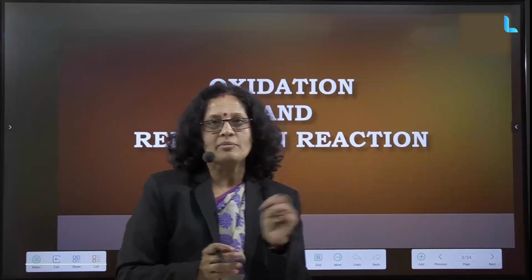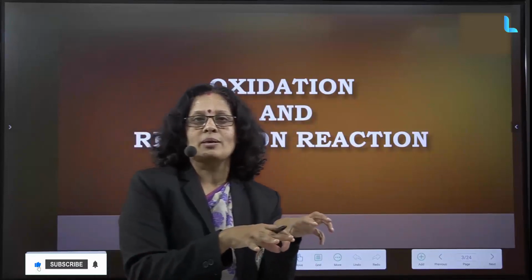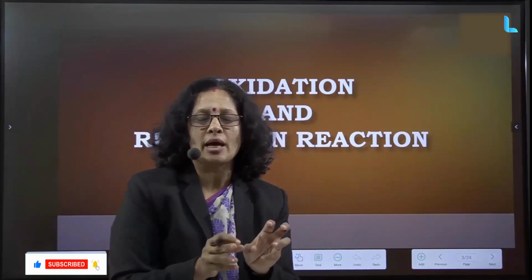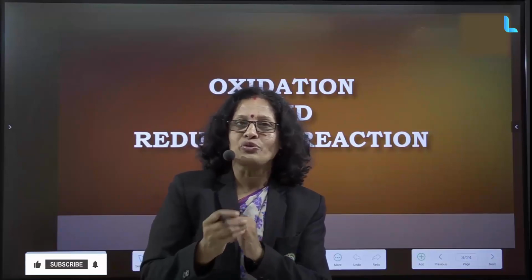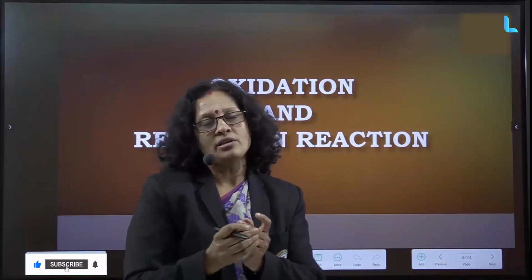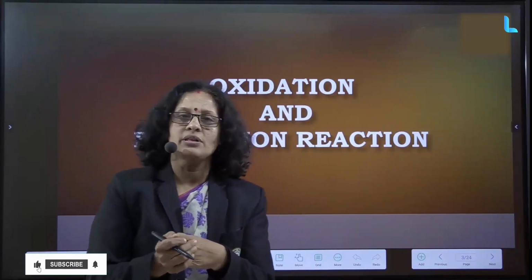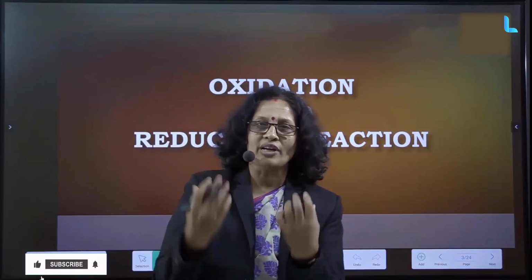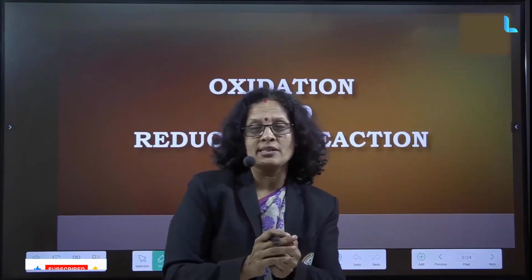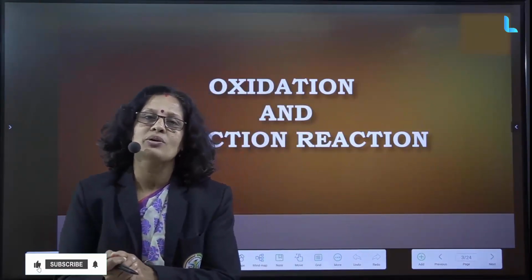We have studied three types of decomposition, meaning the breaking or degrading of a substance can happen in different ways in presence of heat, light or electricity. Okay, so different kinds of decomposition we have studied. Then we discussed displacement reactions in previous classes. So a more reactive element will displace the less reactive element, that kind of reaction we have discussed.